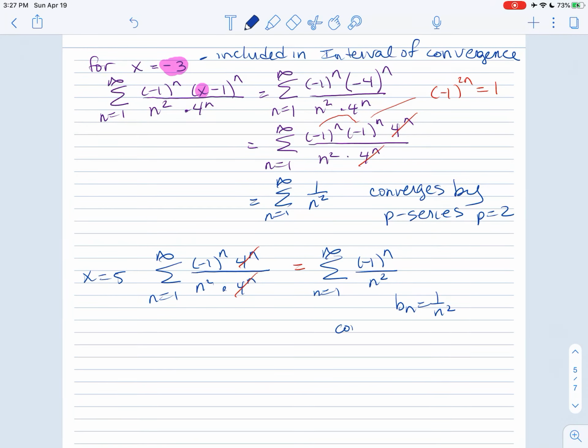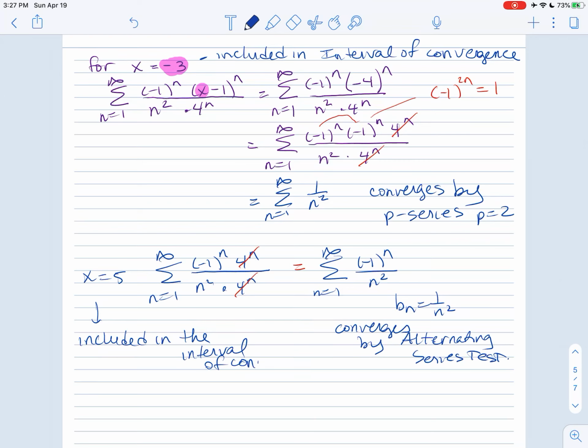And we know here that b sub n is equal to 1 over n squared, and this is a series that converges by the alternating series test. So x equal to 5, which was an endpoint of our initial interval of convergence, also converges there. So this too should be included in the interval of convergence.